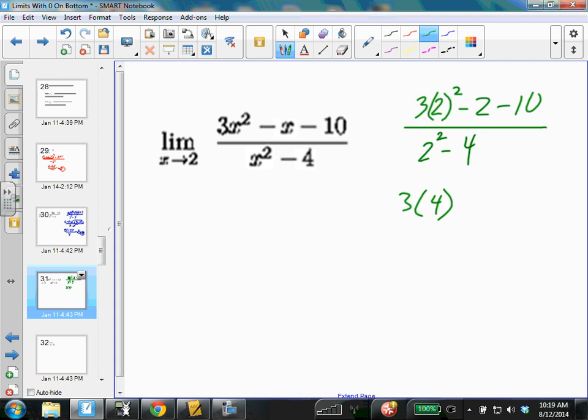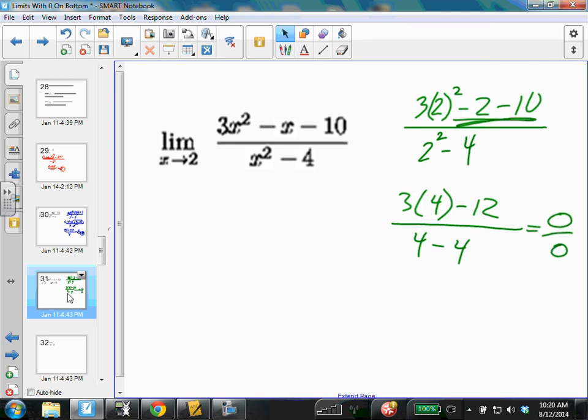That right there is going to make, if I combine the negative 2 and the negative 10, it's going to make negative 12. And then on bottom, 2 squared is 4 minus 4. Right? Now, when you have a 0 on bottom, you don't abandon it, right?